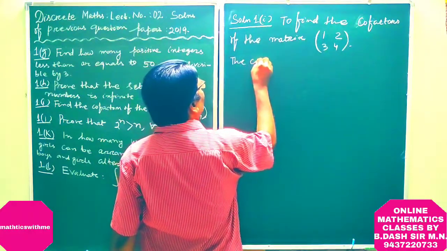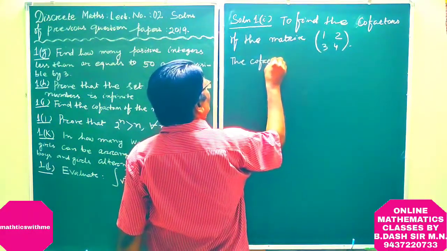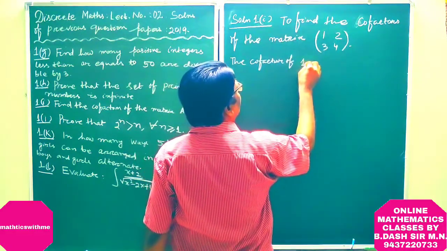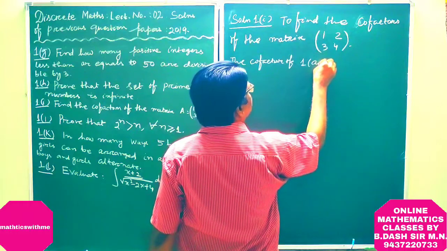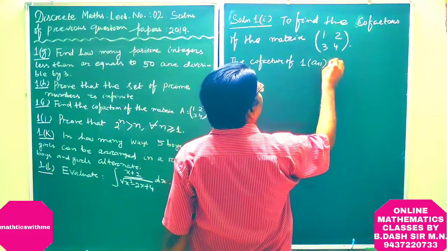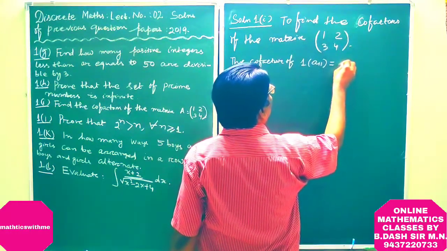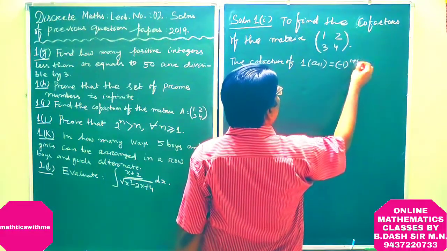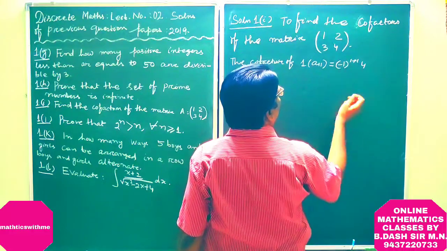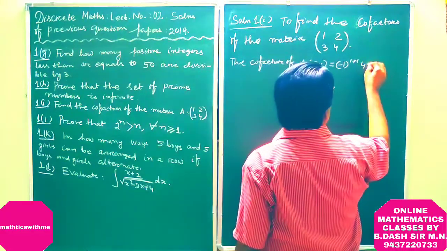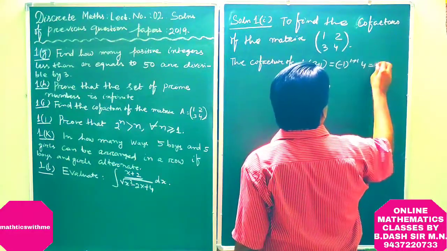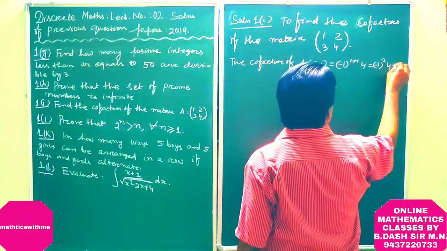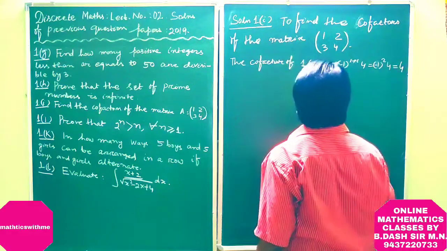The cofactor of 1, that means A11, is equal to minus 1 to the power 1 plus 1 into 4, which is equal to minus 1 to the power 2 into 4, which is equal to 4.